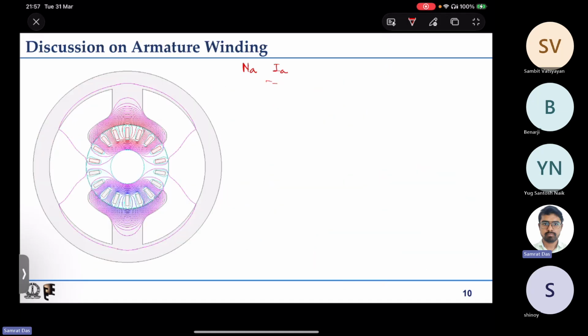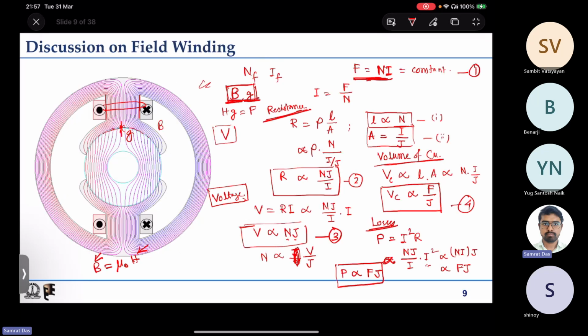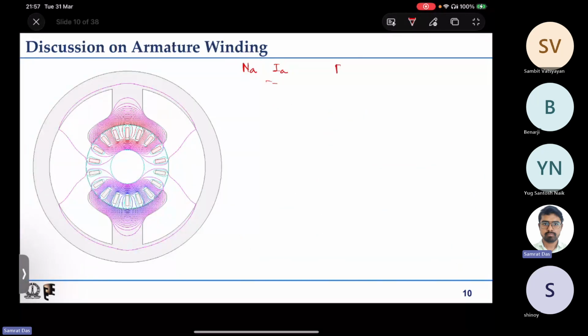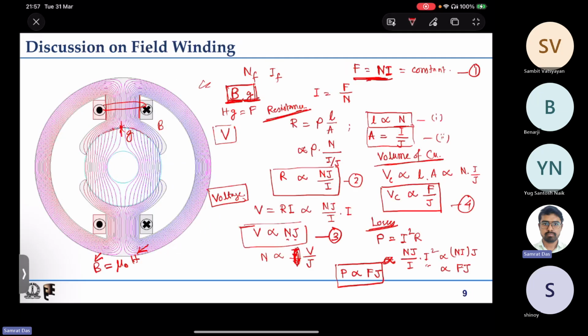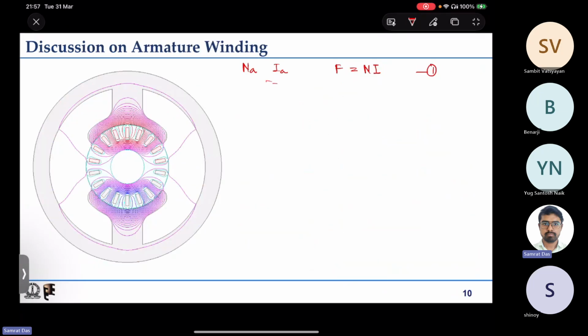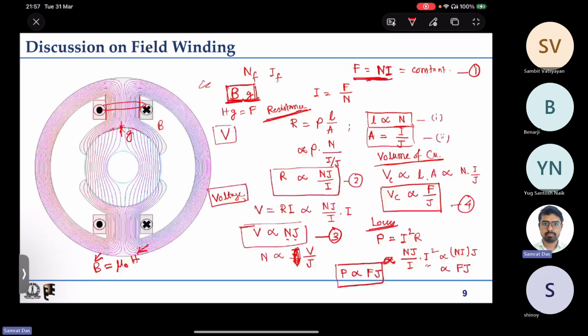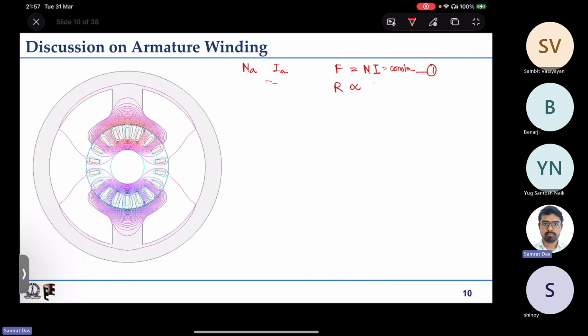So now let us write these important things one by one. First thing is F equal to Ni. This is our first equation. Second, resistance is proportional to Nj divided by I, and this is equal to a constant, which is important once B and G are fixed. This is our second equation.